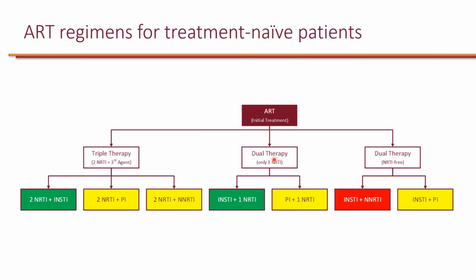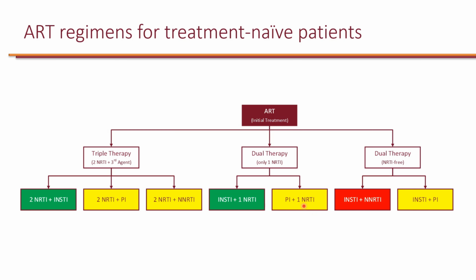We also have dual therapy. Dual therapy could be done in 2 different ways. One is that you drop one of the NRTIs, and the reason we do combination therapy is that HIV has a high propensity for developing resistance, so by using combination we can prevent resistance development. With dual therapy, you drop one of the nukes, so you have 1 nuke plus an integrase inhibitor, which is first line.